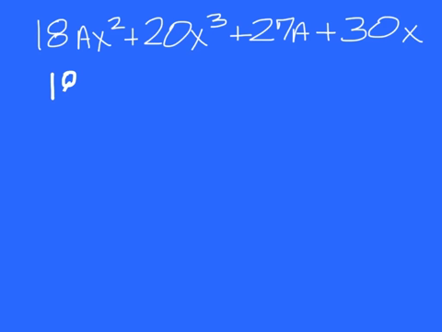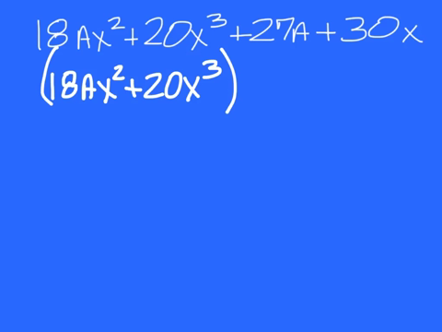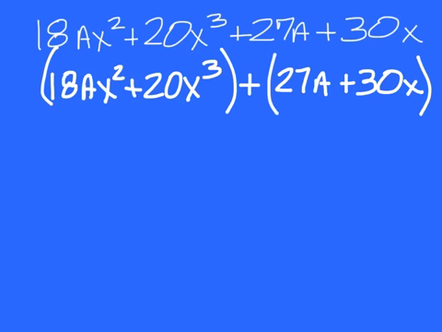When you do that, you have to write them out: 18ax squared plus 20x to the third. Put parentheses around it. If the sign of the first term of the second quantity is positive, then all you have to do is put a plus sign, and then write the other 2 terms. Had it been a negative sign on that 27a, then we'd have to do other stuff, which we'll look at later.